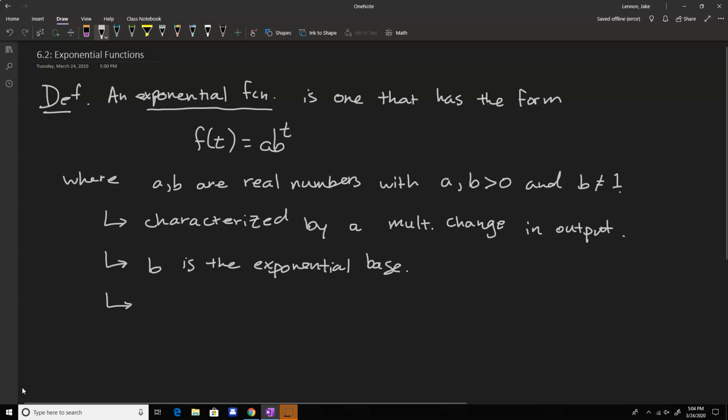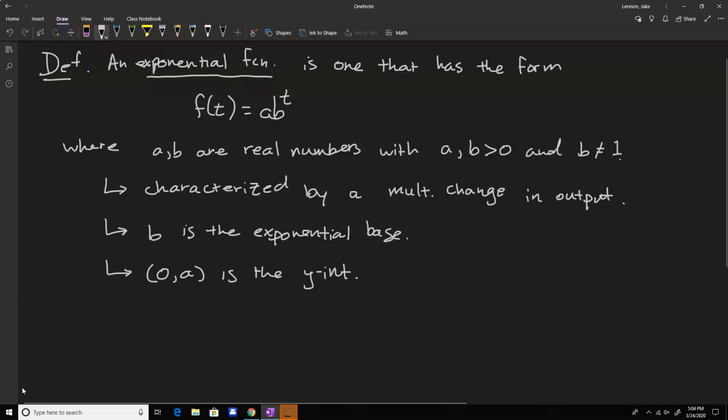And (0, a) is the y-intercept. You can see that because if you plug in 0 for t into the a b to the t form, you would have a b to the 0, and b to the 0 would just be equal to 1.